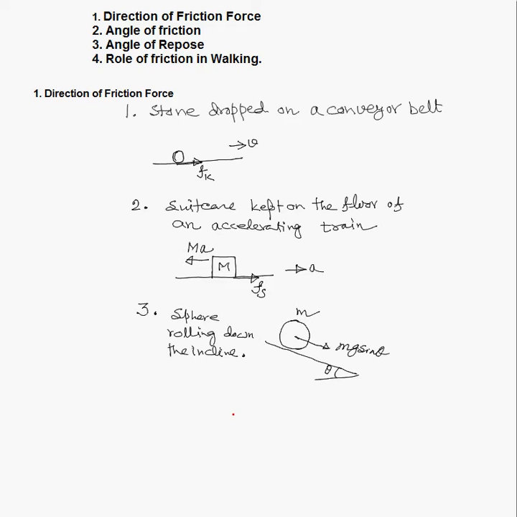This component gives it a tendency to slip downward, and so the force of friction tries to prevent this tendency to slip down and acts in upward direction. This force is also static in nature, as it has a tendency to slip on the incline but does not actually slip on the incline.